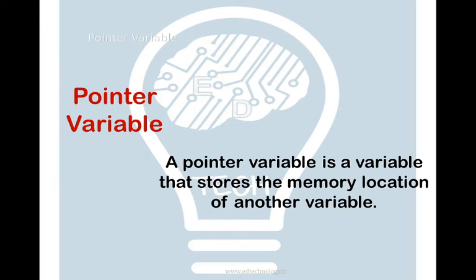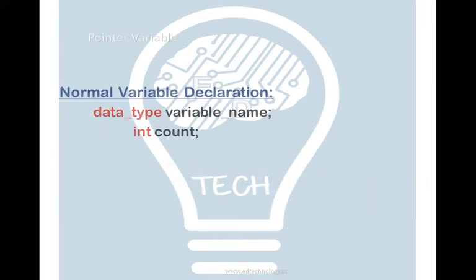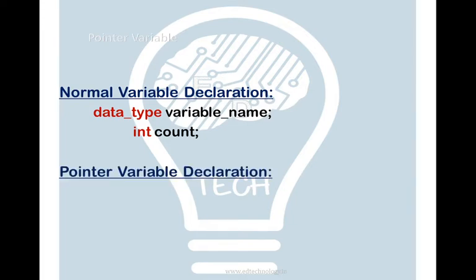Okay, and how do we use it? Let us see that also. We have a normal variable declaration like this: a data type of that particular variable and the name of the variable. The pointer variable is a little similar to that, but somewhat different. We have a data type, then a star, and then the variable name. Let us see an example: int star p.